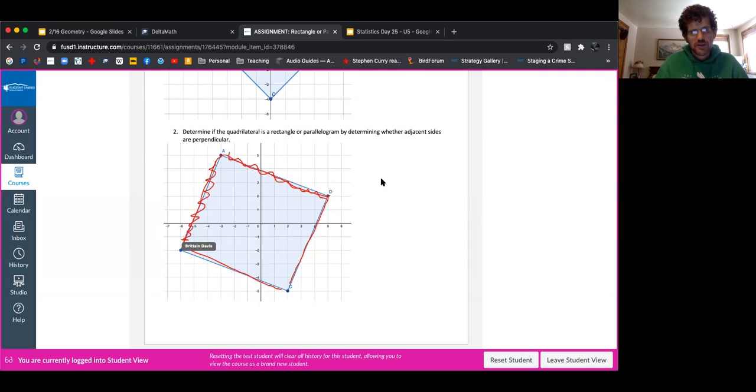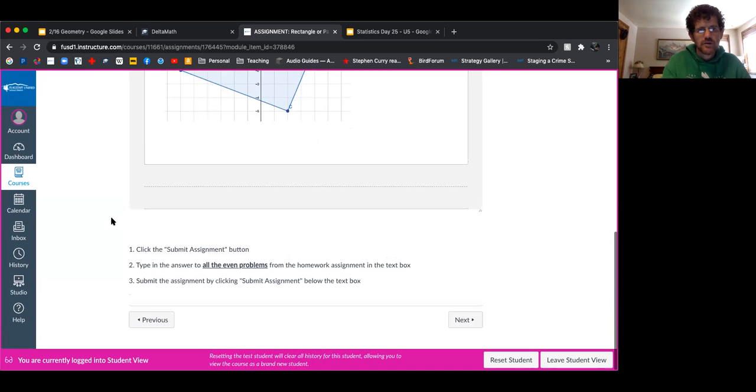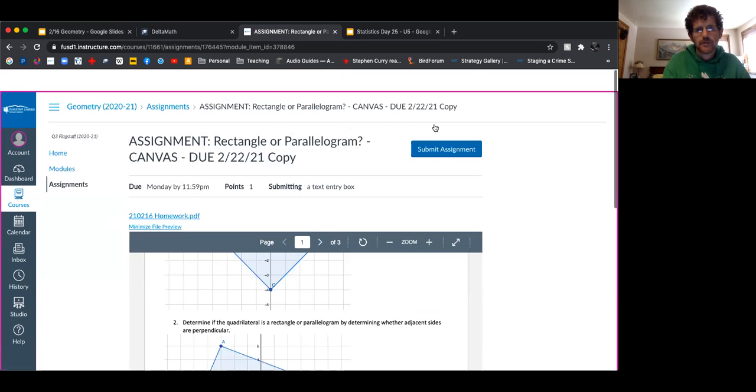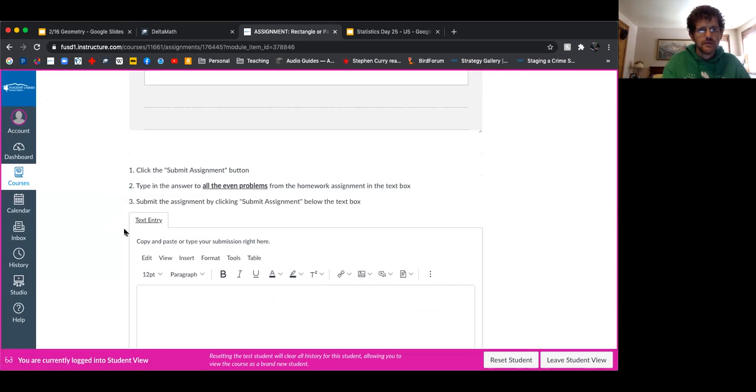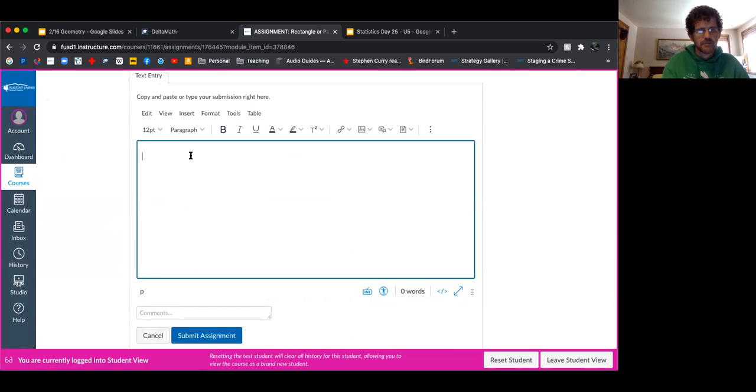the slope for it, multiplied together. If it's -1, it's a rectangle. If it's not -1, it's not a rectangle and it's just a parallelogram. So go through and do that. You'll need to submit your work. Remember, you submit your work down at the bottom by hitting submit assignment, and you can put, oh, number 2 is a parallelogram. You can put in the slopes.